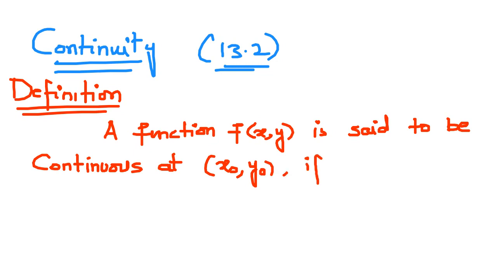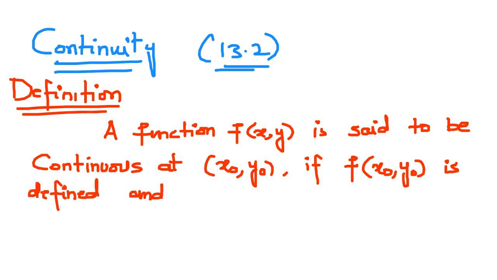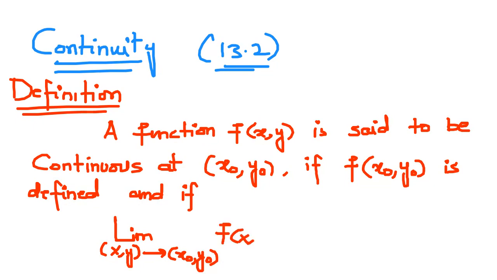if the function at that point is defined, and if the limiting value, the limit as x y approaches the point x naught, y naught of the function f of x y, is equal to the value of the function at the point x naught, y naught.